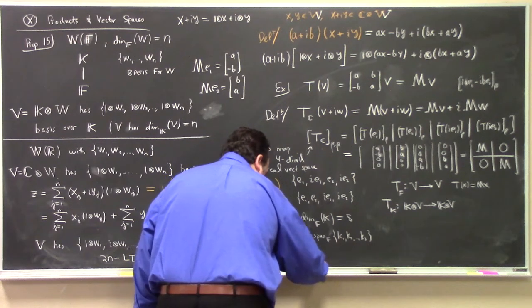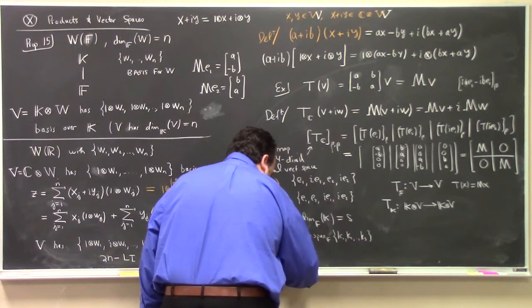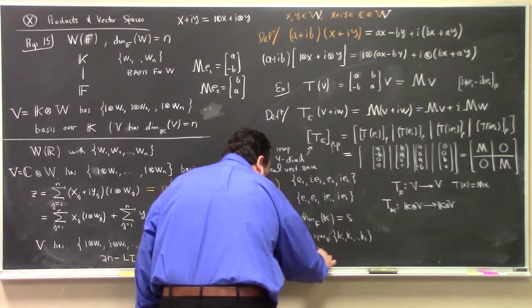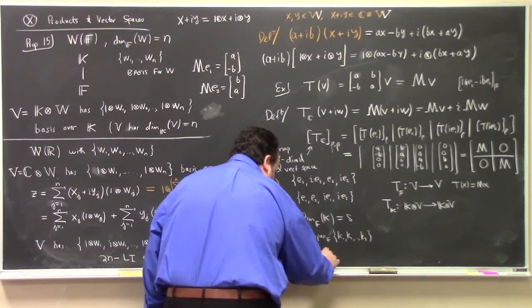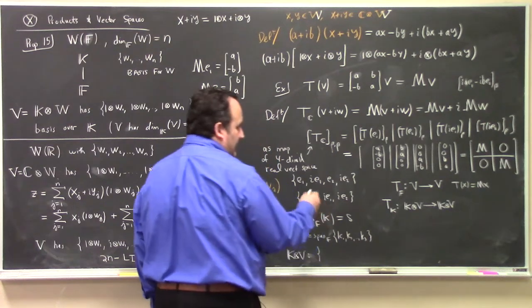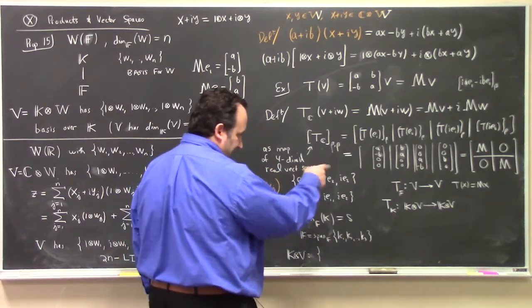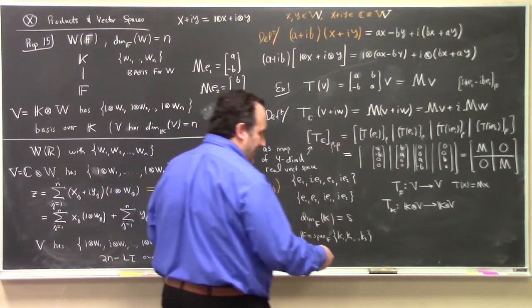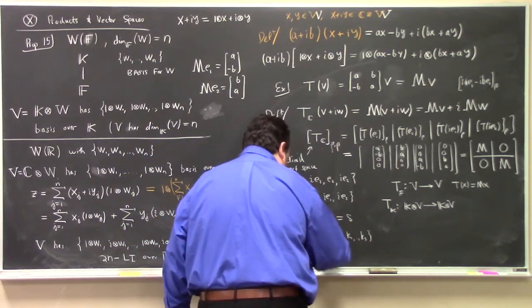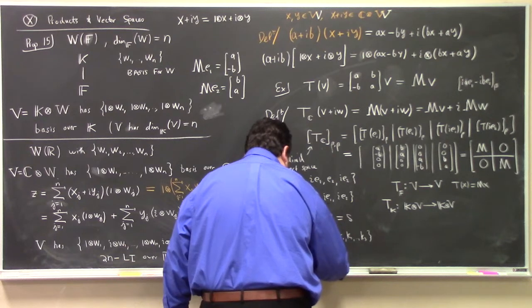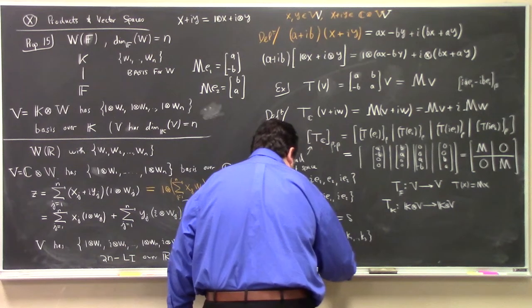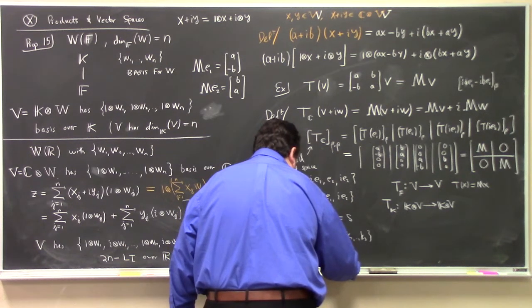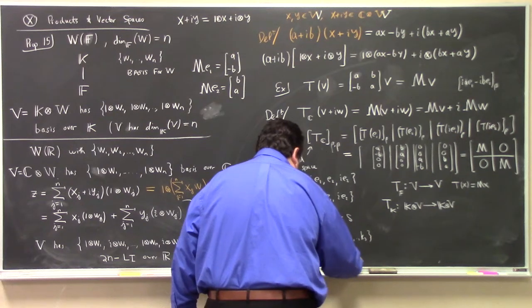Suppose that V has basis V1 through Vn. So you could use this as K1 tensor V1, and so forth and so on.